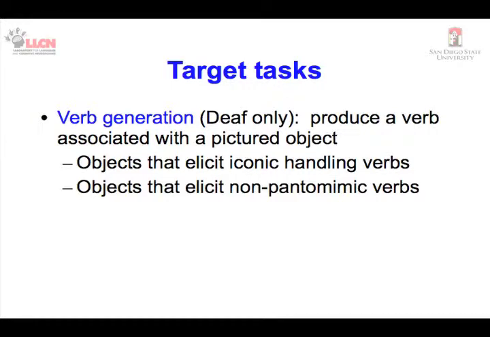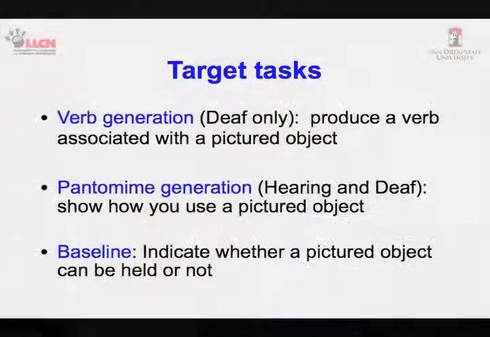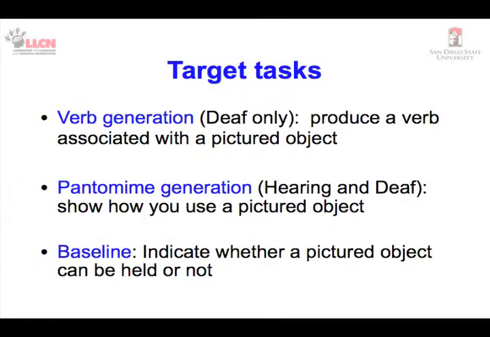In the verb generation task, of course, this was only deaf people because we were just interested in sign production, sign verb production. They were given a picture of a particular object, and they were asked to just produce a verb that goes with that object. In the pantomime condition, they were shown similar pictures of objects, but now they were asked to generate a pantomime: show me how you would use this object.